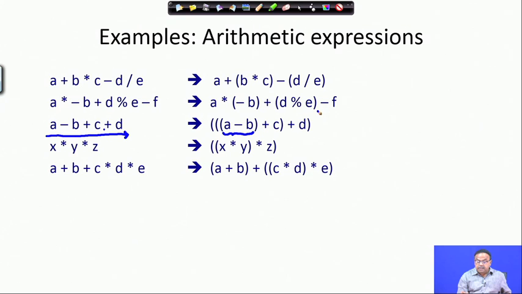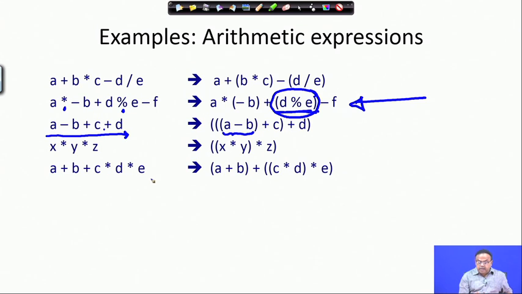But here this is an example where I have used parenthesis to override the precedence. The precedence between this multiplication and this modulus was the same, but just by putting this parenthesis there, I have forced this to be computed first.